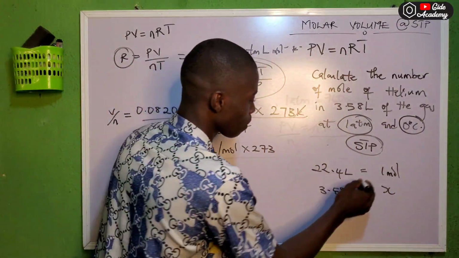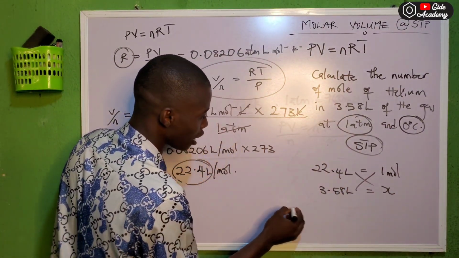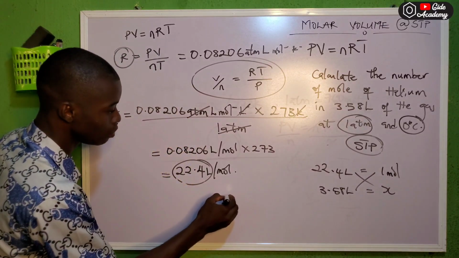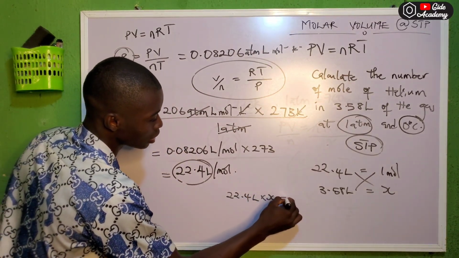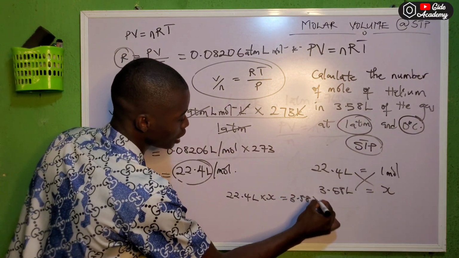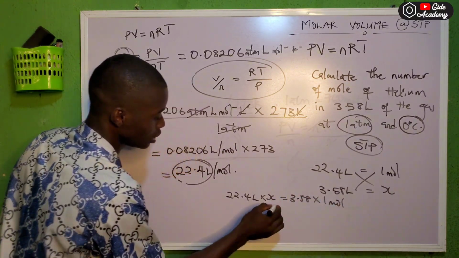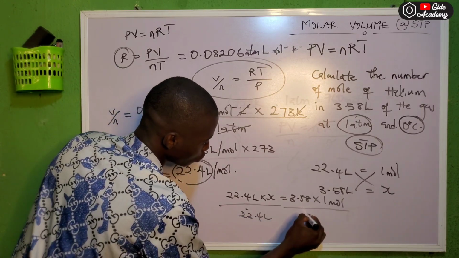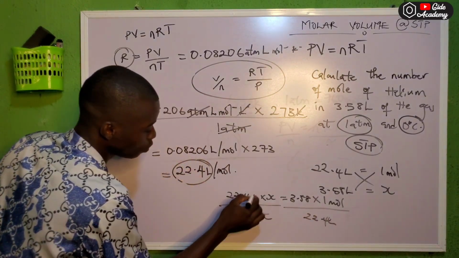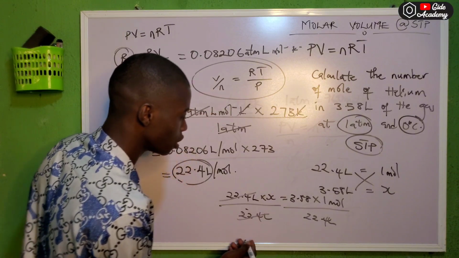So you cross multiply: 22.4 liter times S is equal to 3.58 times 1 mole. If I divide both sides by 22.4 liter, 22.4 liter will cancel 22.4 liter.